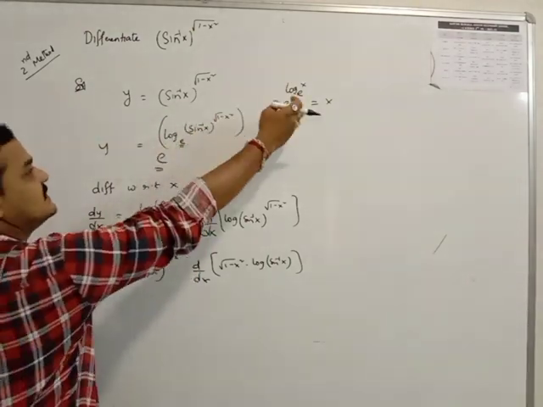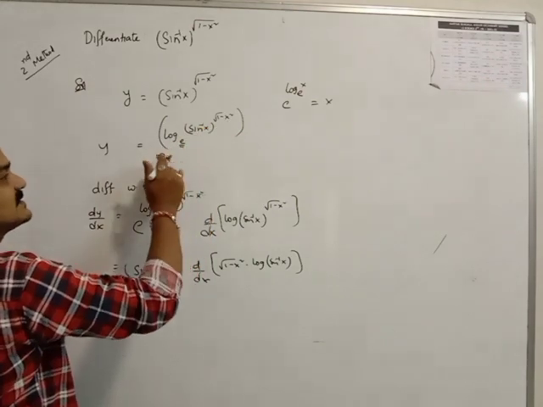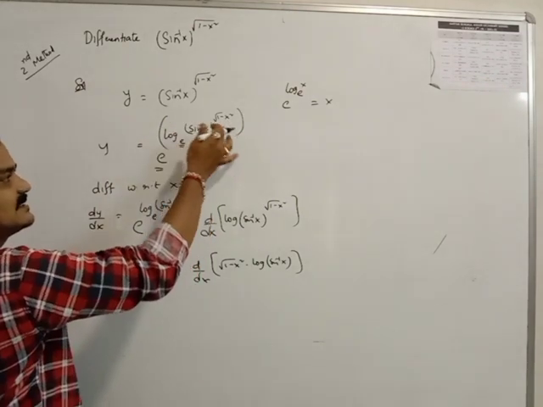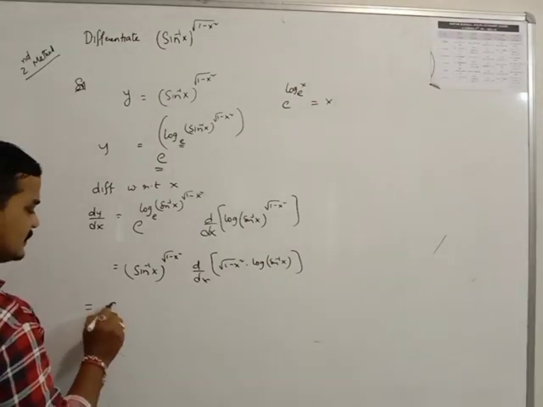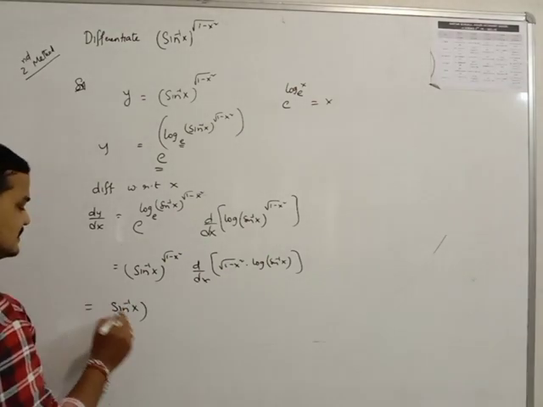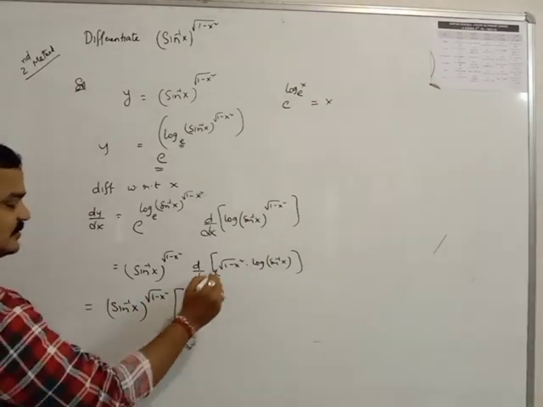You can apply the formula e to the power of log a base e. So the first function is e power of x, the second one is log x, and you can apply this. Now going to the derivative, what happened? (Sin inverse of x) into root over 1 minus x square, again uv.